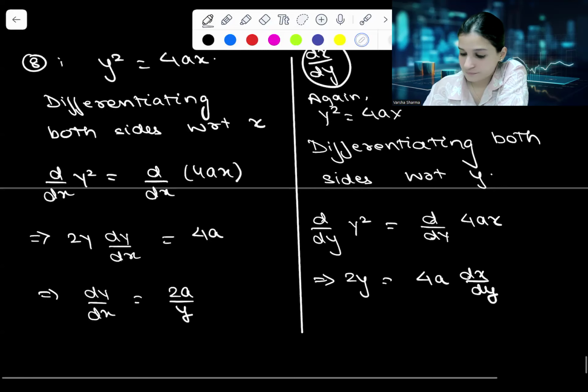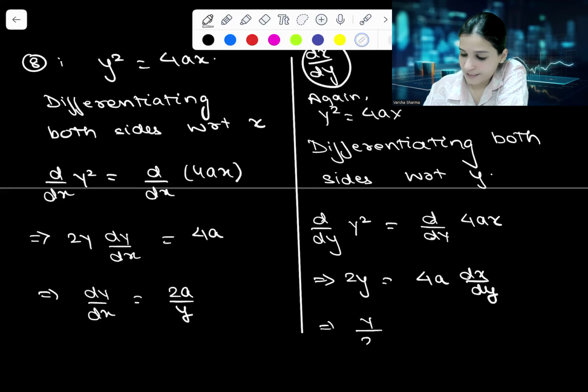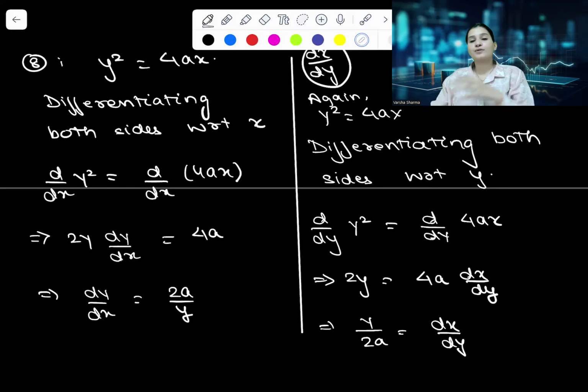So dx by dy equals y by 2a. In general, since this question was about proving the same thing, in a normal scenario we can just reciprocate. If dy by dx is 2a by y, dx by dy will be the reciprocal, y by 2a. But this particular sum was meant to show that, that's why I'm showing both cases.